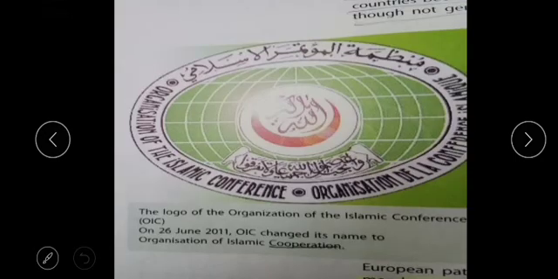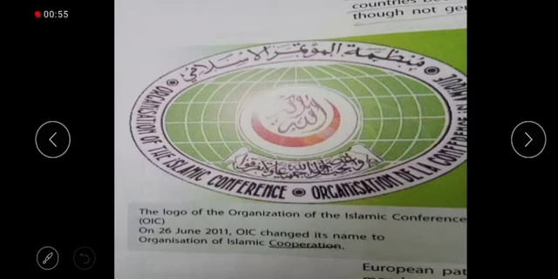The small organizations like the Organization of Islamic Cooperation. It is basically an organization that comprises all of the Muslim countries. OIC was created in 1967 in Rabat, Morocco, with 44 member countries.